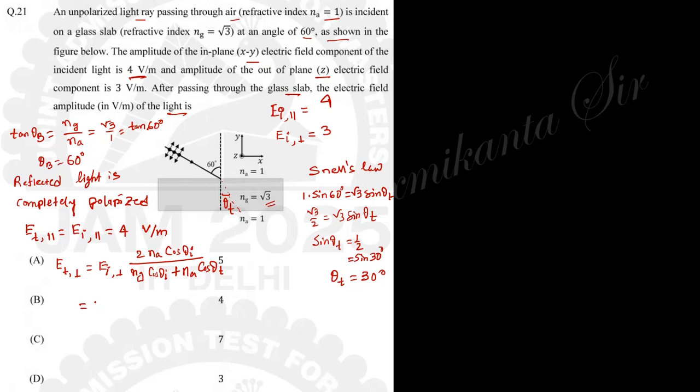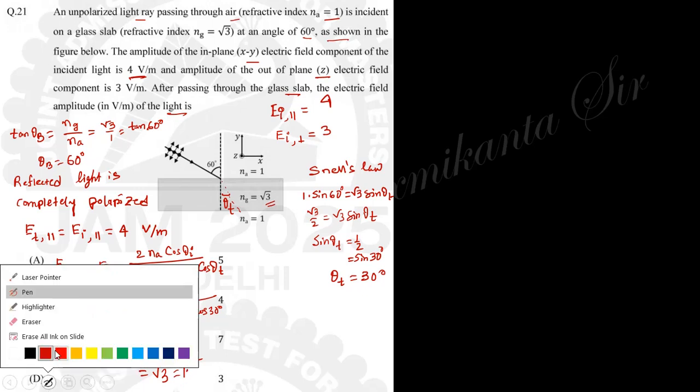If we put this value, that is 3 into 2 into 1 into cos 60 degrees divided by √3 into cos 60 degrees plus 1 into cos 30 degrees. Cos 60 is half, and cos 30 is √3/2, so this cancels out, and it gives you √3.